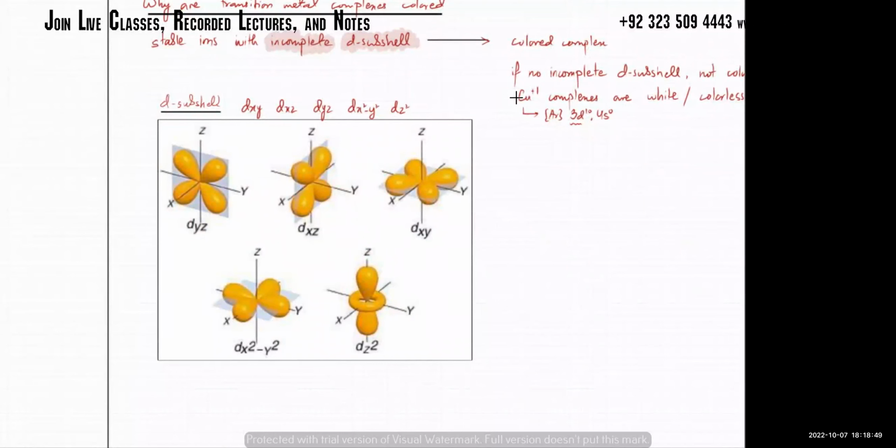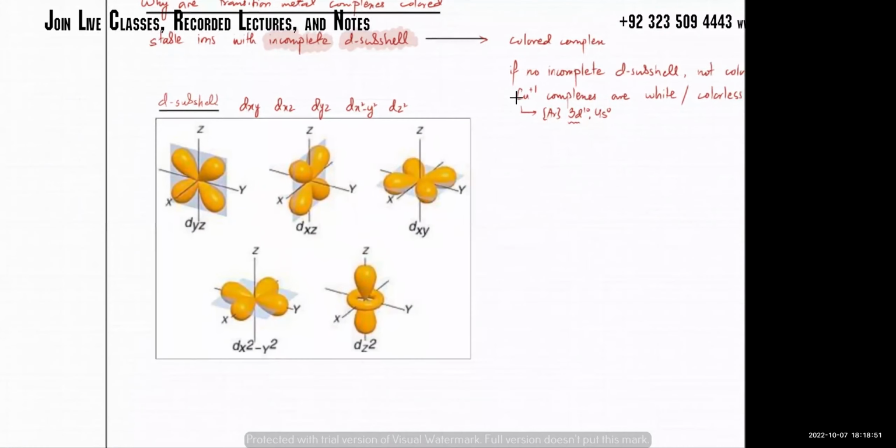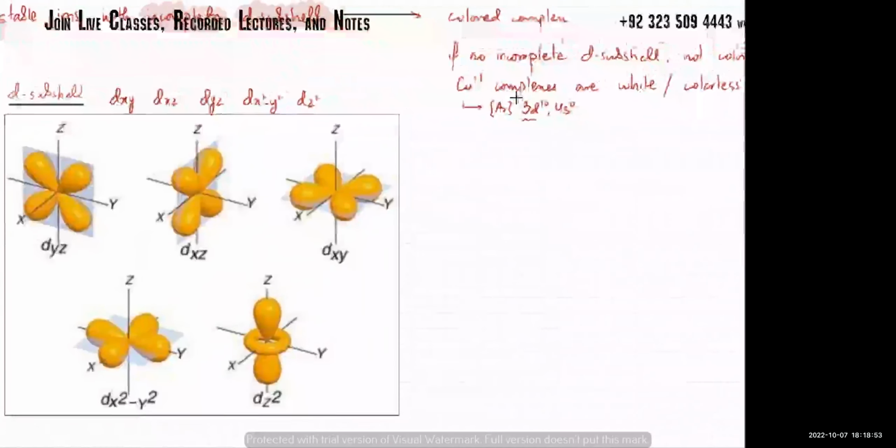अच्छा, लेकिन आगे moving forward, one important thing that you should note over here is that these 3 orbitals over here, if you look carefully, their electron density lies between the axes.